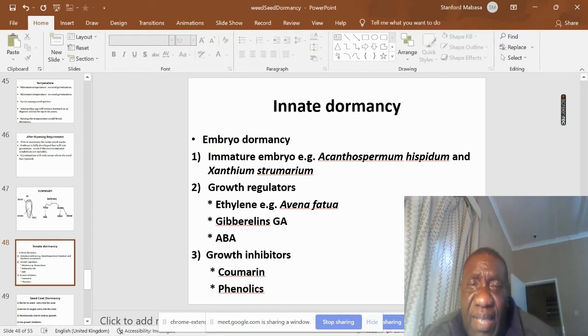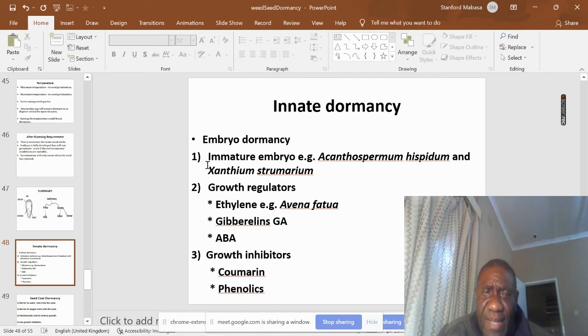We talked at length on the innate dormancy. We can simply summarize it like this. The first issue under innate dormancy is what we call embryo dormancy. Now, when we talk about embryo dormancy, there are three things.